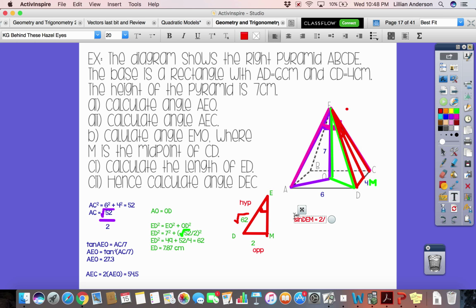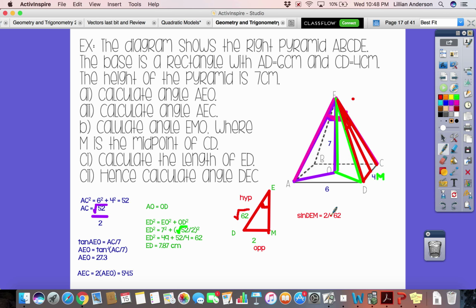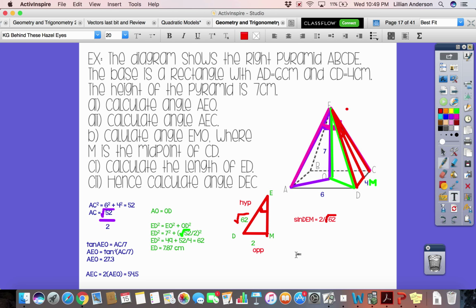That's going to be 2 divided by the square root of 62. We are going to do the inverse of that, and then type that into our calculator to get our answer.